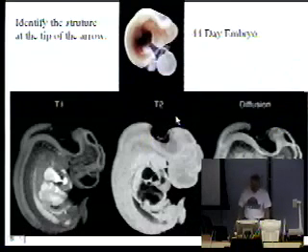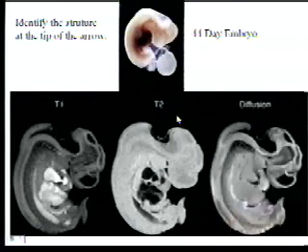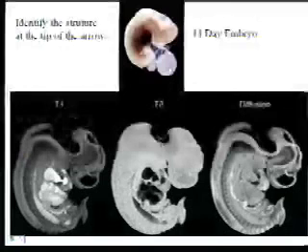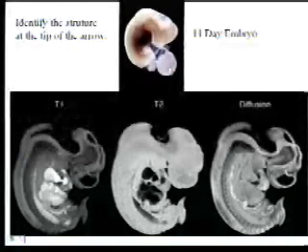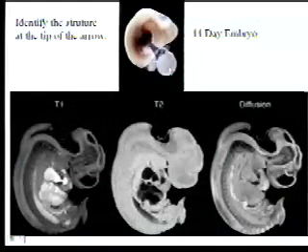So here we have a slide. I'll take the pip off for this so you can see the arrow. With this bigger arrow, I guess it's a bit easier to see. So the question here is, identify the structure at the tip of the arrow. So what is this structure? Yolk sac, very good.